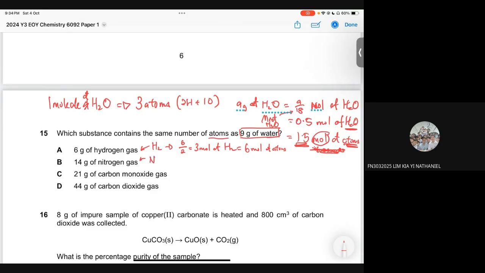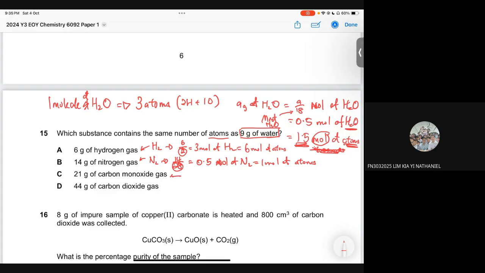Nitrogen gas is N2. So this will be 14 divided by 28. Take note, all the numbers I divide at the bottom here are the MR. So 14 divided by 28 is 0.5 mole of N2. And if it is N2, this means that this will be 1 mole of atoms. It's just times 2, then you get 1 more atom. So I know D cannot be the answer.